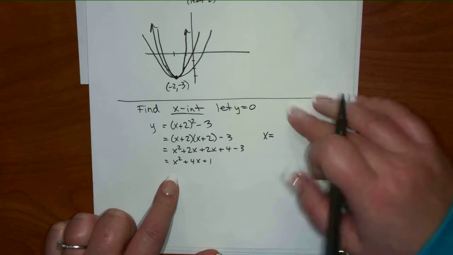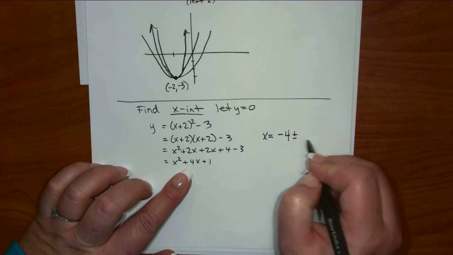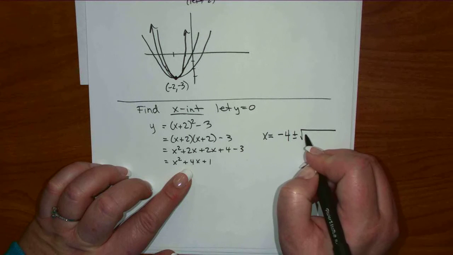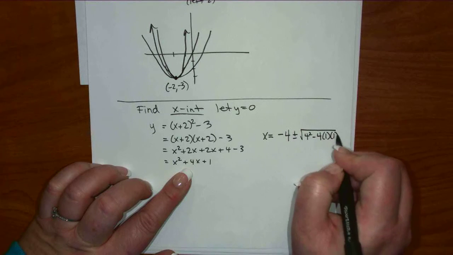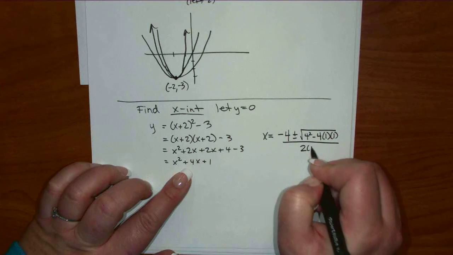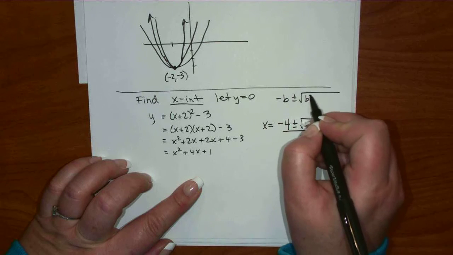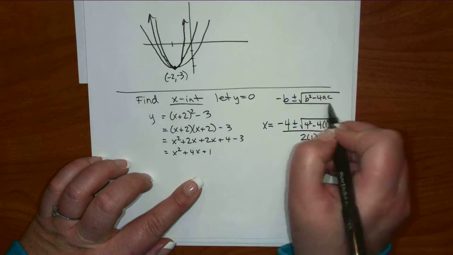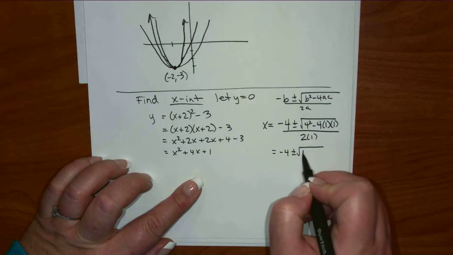So this should work. Minus b plus or minus the square root of b squared minus 4ac, all over 2a. So minus 4 plus or minus the square root of 16 minus 4.